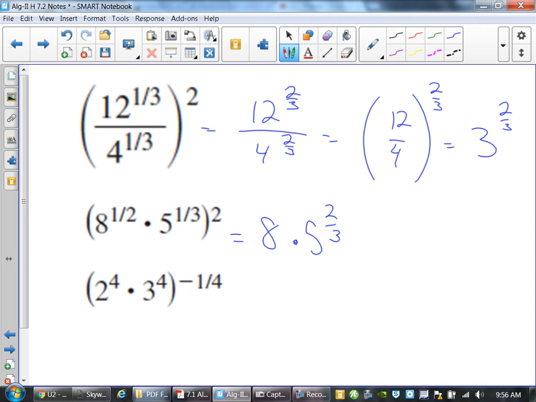That's all I can do with that. Because when I do the distributive property, I get power to power for the 1/2 squared. Well, 1/2 times 2 is 1. And then 1/3 times 2 is 2/3. This is kind of the same idea of looking at a root as 8 times the cube root of 5 squared.